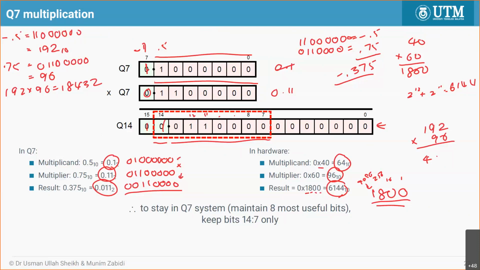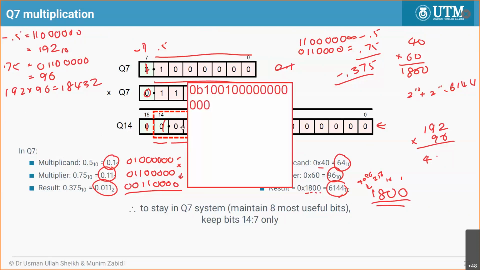Okay, so this one I will get, wow. I'm using Google Calculator, so I will paste here. 0 4 times, and then 4 times again.